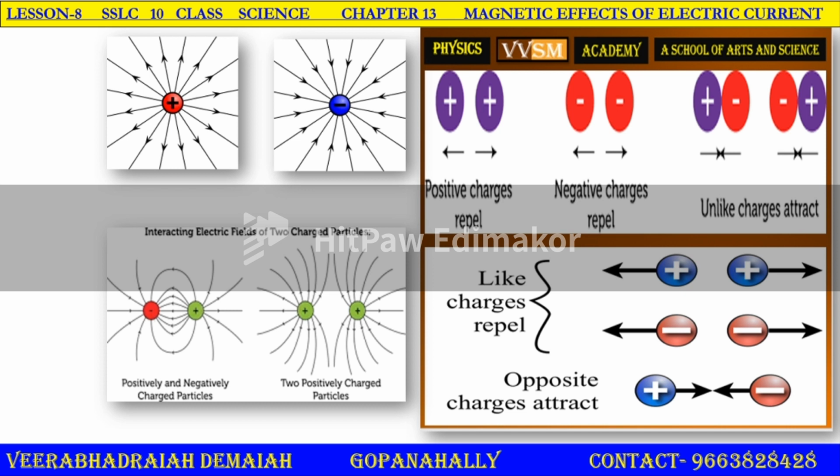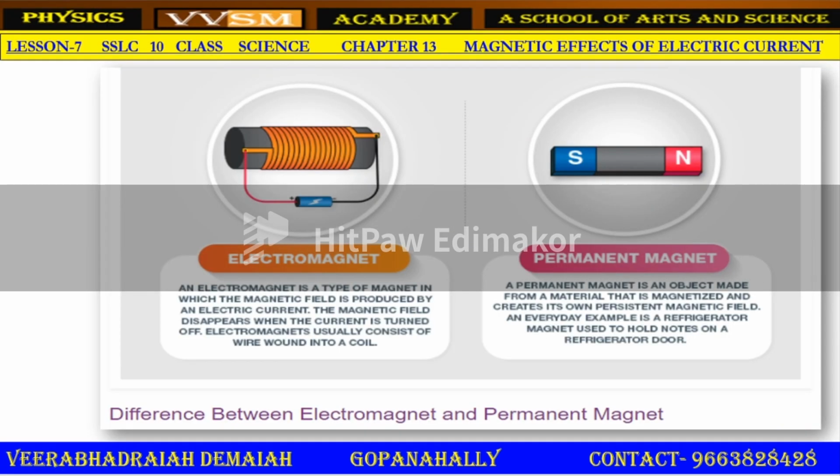This is a very important phenomenon. These are the point charges. This is the positive charge and this is the negative charge. Here positively and negatively charged particles are interacting and giving a magnetic field or electric field, you can say. And these two positively charged particles repel each other.